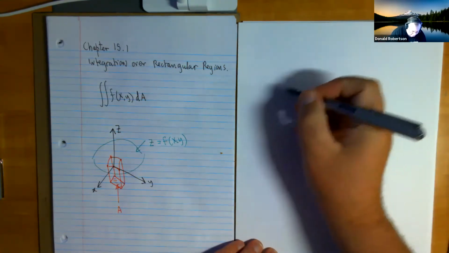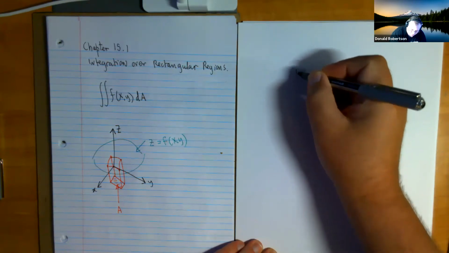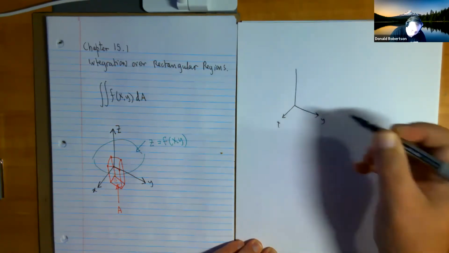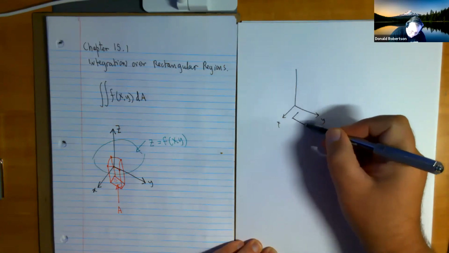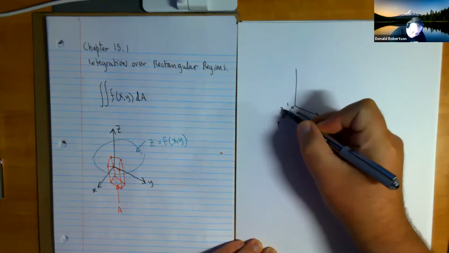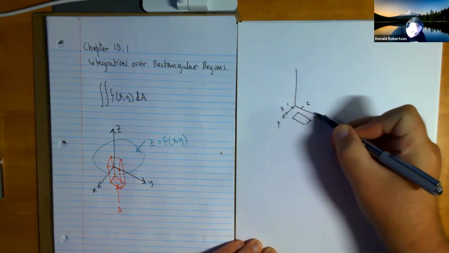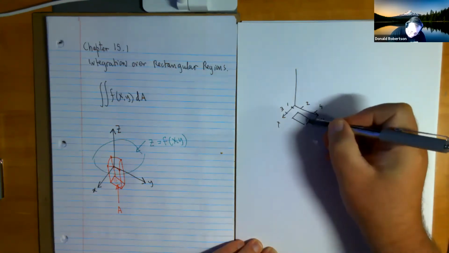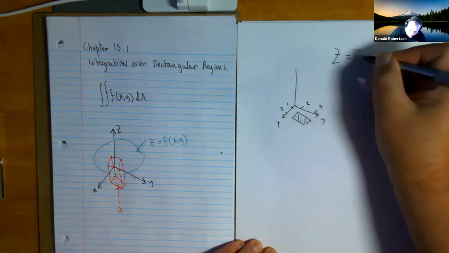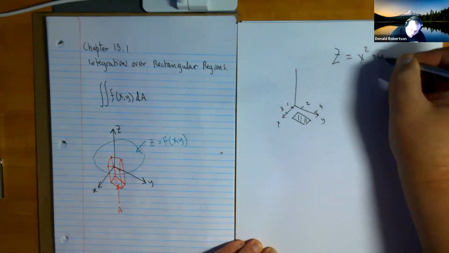So let's suppose that I had a rectangle on the floor, and this rectangle had x going from 1 to 3 and y going from 2 to 4. So there's my little rectangle. And I have a function, z equals x squared plus y cubed.